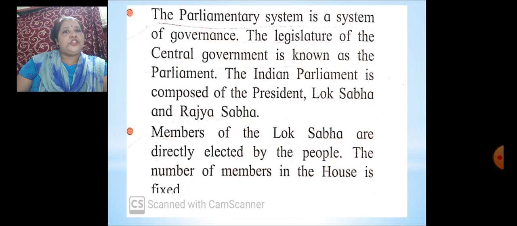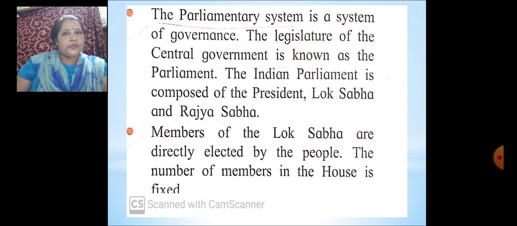Okay, the legislature of the union government is known as the parliament. Okay, the Indian Parliament is composed of President, Lok Sabha and Rajya Sabha. This I told you.